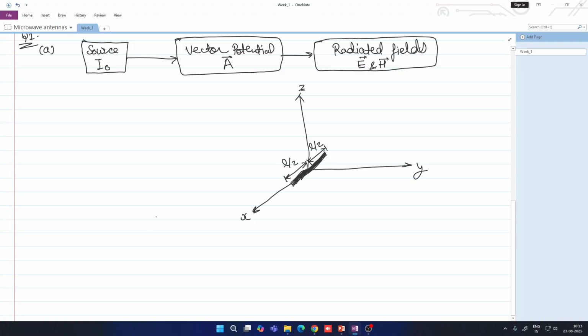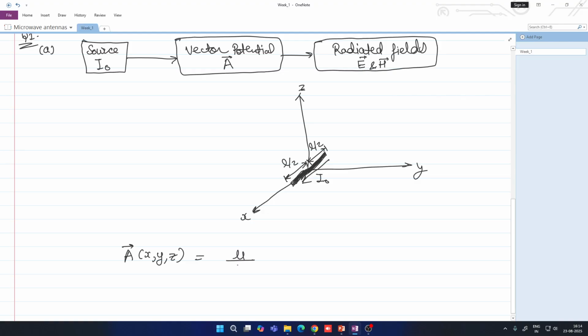Now we will calculate the magnetic vector potential due to this antenna along the x, y and z directions. Since our antenna is oriented along the x-axis, the vector potential will also be along the x-axis only, because the current, which is I naught, is flowing along this direction.